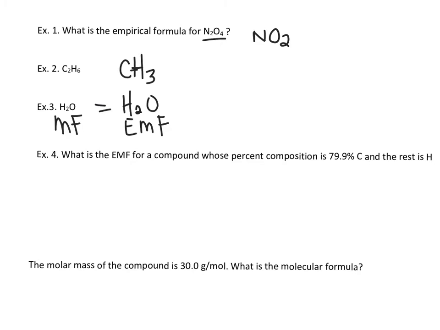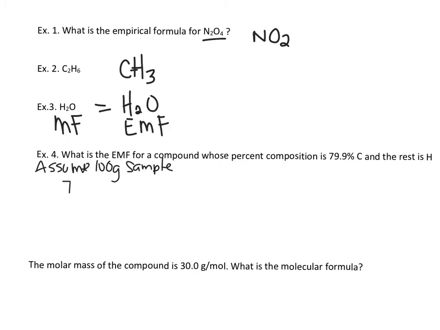What is the empirical formula for a compound whose percent composition is 79.9% carbon and the rest is hydrogen? All right, so assume a 100-gram sample. That's a mark right there.